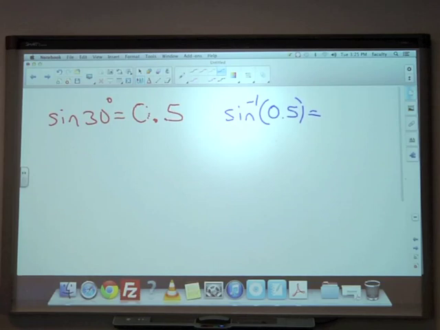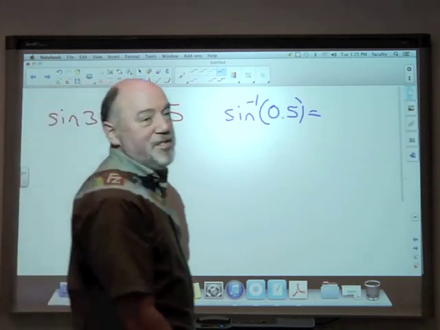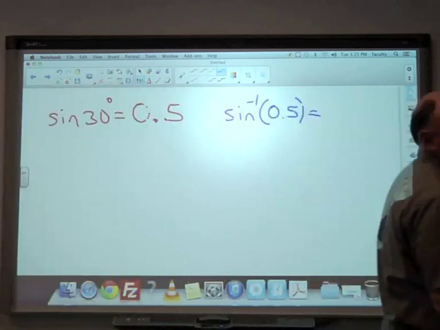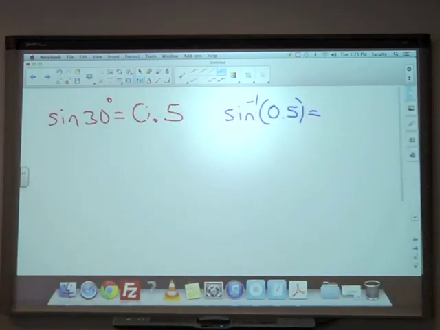I can't type that in my calculator. You need a new calculator. Wait, so what is the sine of 30? What does that answer represent? Sine, cosine, and tangent are just ratios. It's just telling you that the ratio of the opposite side to the hypotenuse at that angle is 0.5. That's all it is.